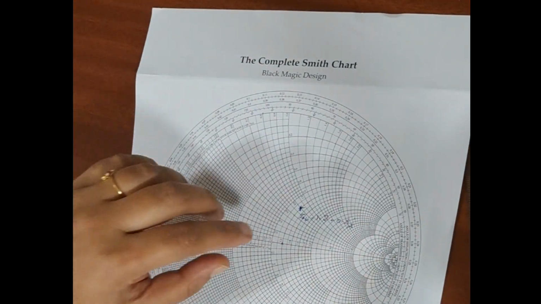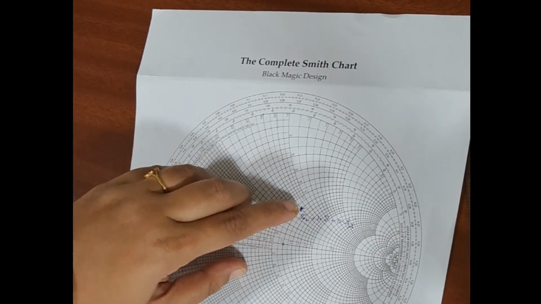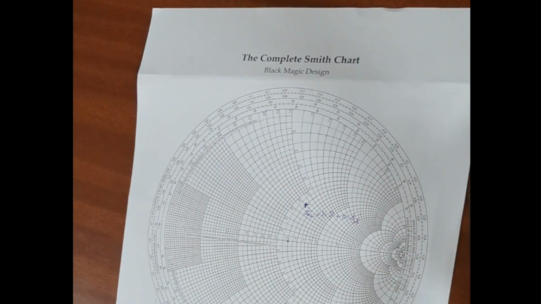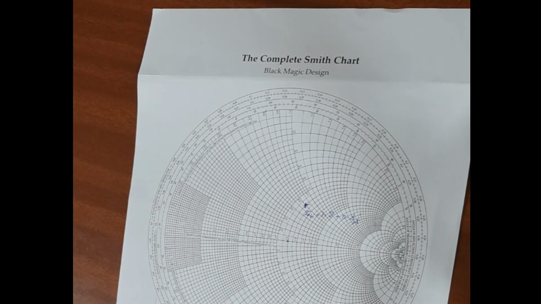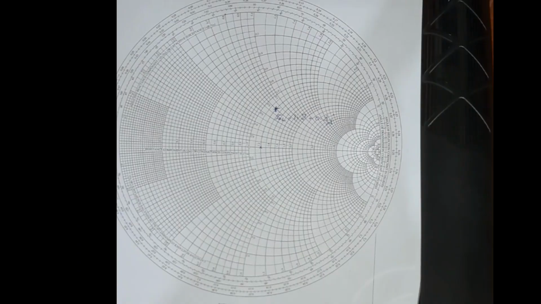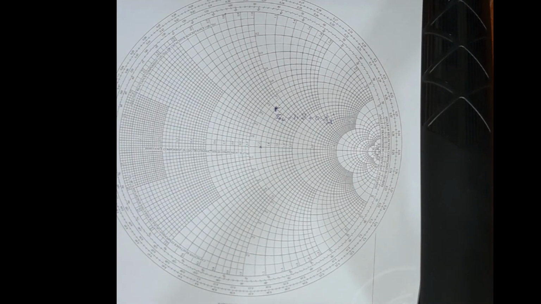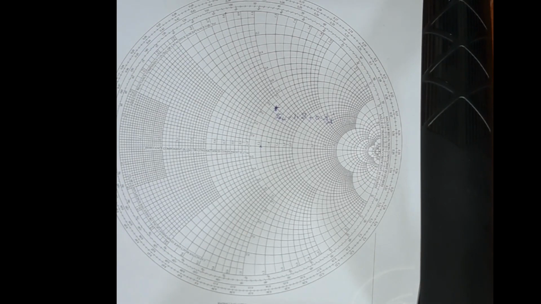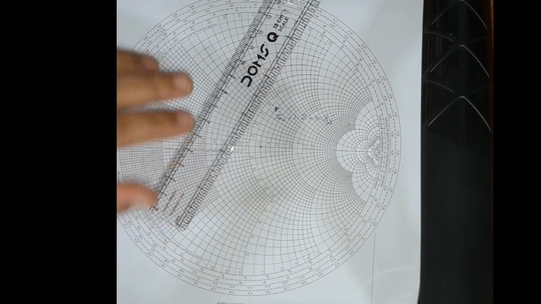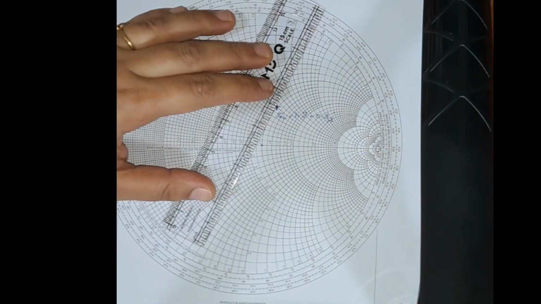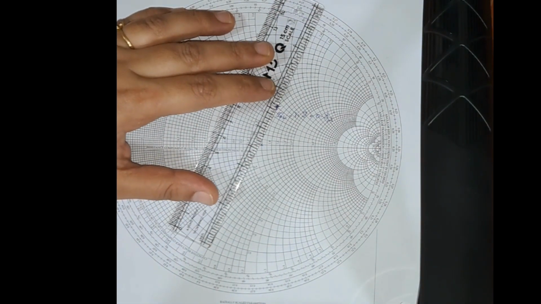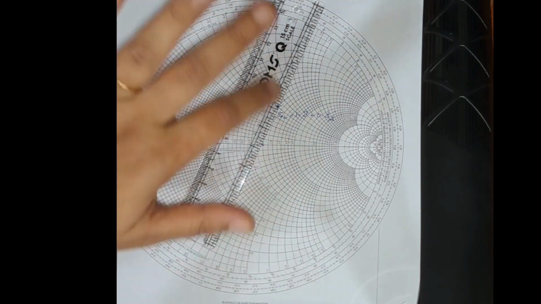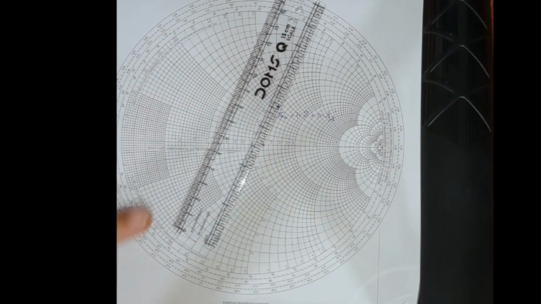Okay, so now first thing you have to find is the reflection coefficient. There are two methods. In the last video what we learned was to draw the circle, and then from somewhere on the circle point you draw a straight line.